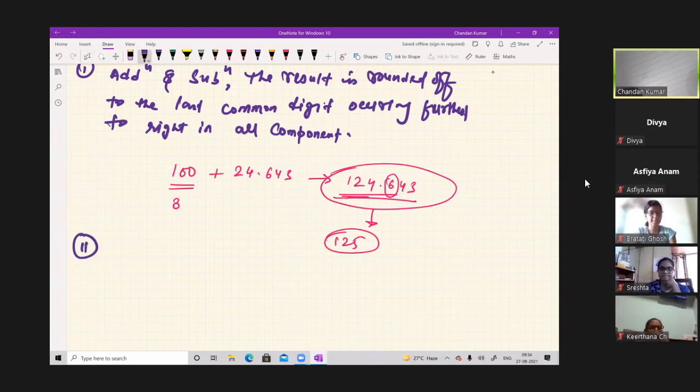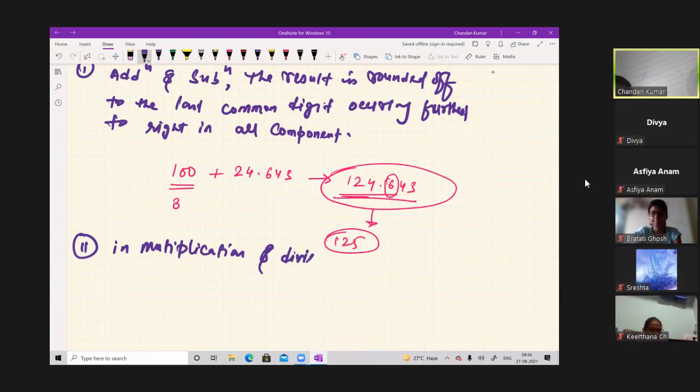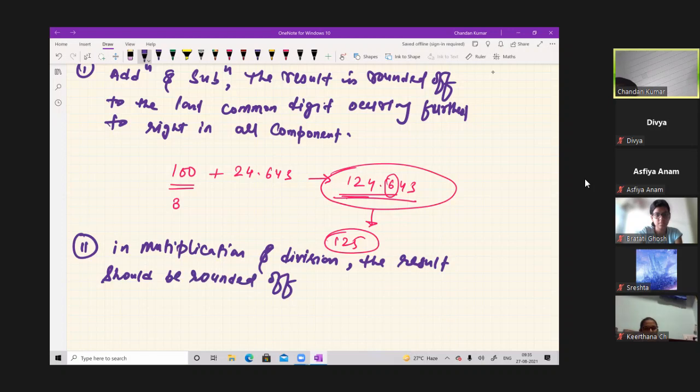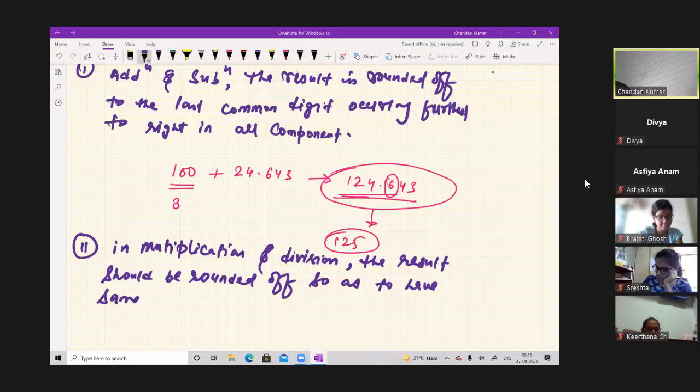Second, in multiplication and division, the result should be rounded off so as to have the same number of significant figures as the component with least.